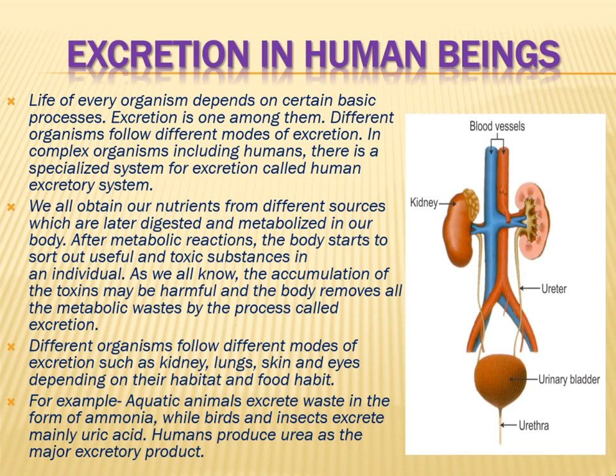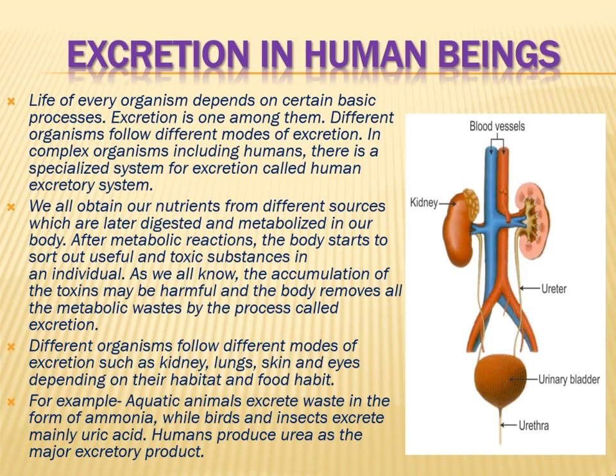Now, we obtain our nutrients from different sources, which are later digested and metabolized in our body. After metabolic reactions, the body starts to sort out useful and toxic substances.